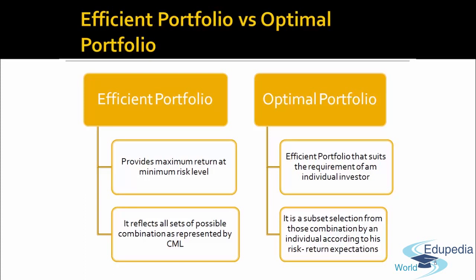The efficient portfolios represent all the combinations represented by the capital market line. So CML represents all those portfolios which are efficient, and where the CML is tangent to the efficient frontier, that is the optimal portfolio. So you can say optimal portfolio is a subset selection from these combinations by an individual according to his risk and return expectations.